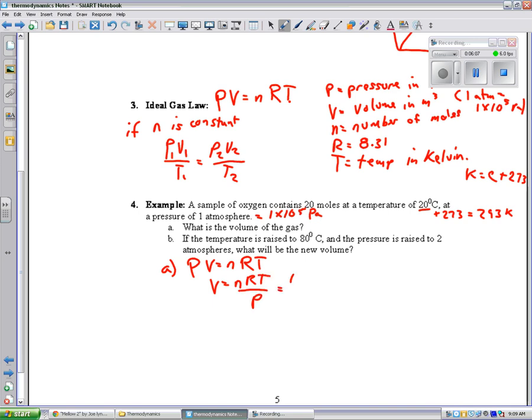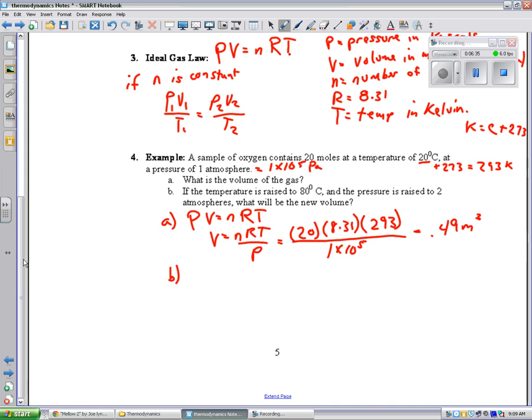So n is 20 because we have 20 moles. R is 8.31. And T we just found was 293. Then we divide that by the pressure of 1 times 10 to the 5th pascals, and we get a value of 0.49 meters cubed. So that was part A. Part B, now we're going to change the temperature and the pressure and find the new volume.